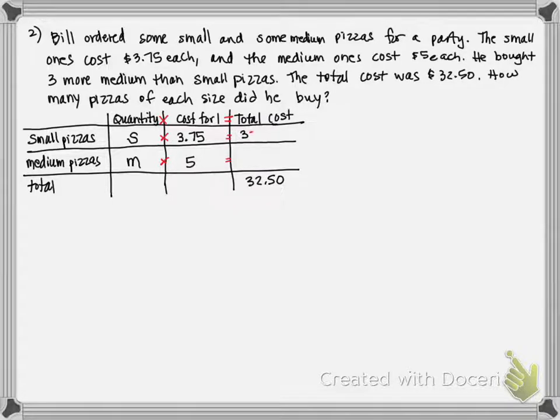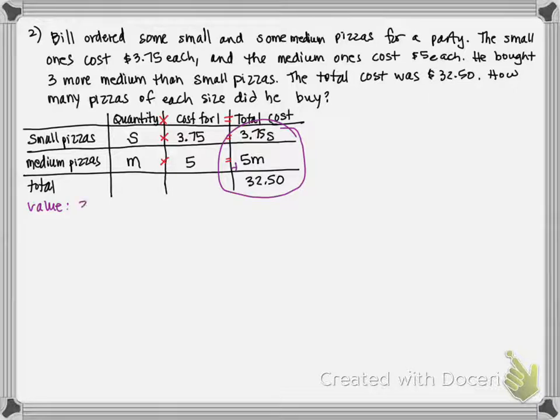And we get 3.75S, and then 5M. And then when we go to value, we're going to just take the top 2 sum to equal the bottom.